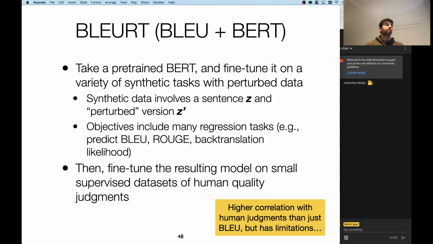These models have not been made available for every single language. So while the BLEU score requires a tokenizer and then just some overlap, this has much more stringent requirements. You need a large labeled human judgment data set, and you need a large pre-trained language model. That said, there are some ways to get around this that we'll talk about at the end of class if we have time.